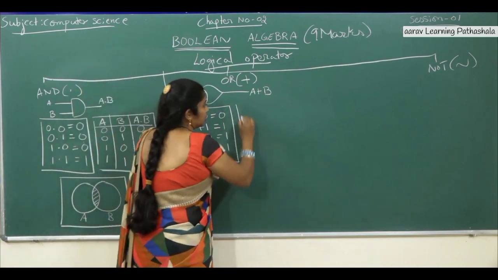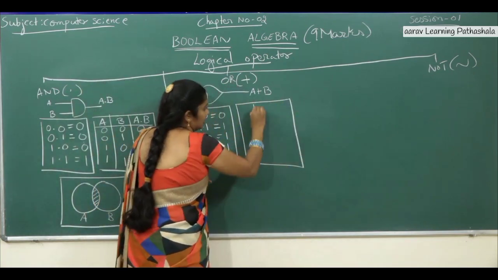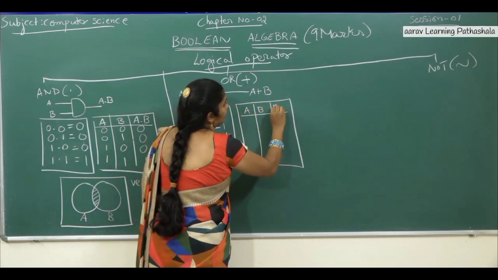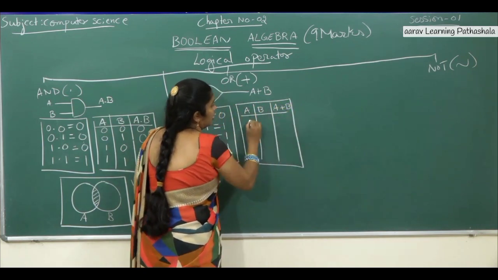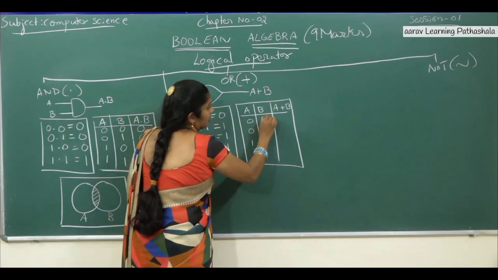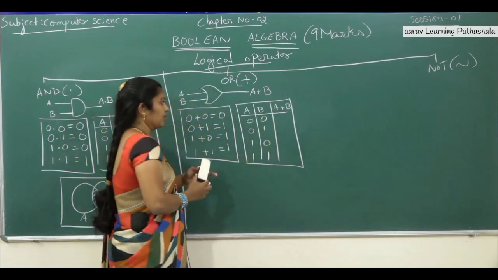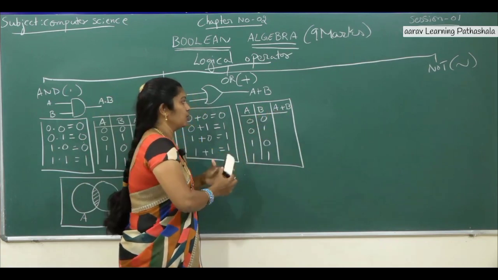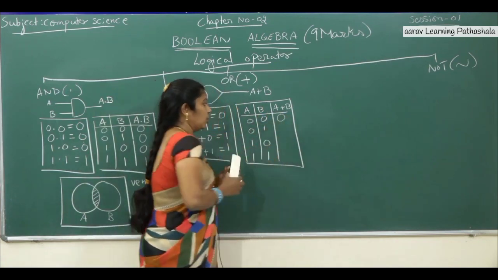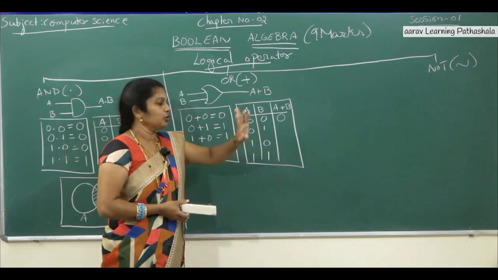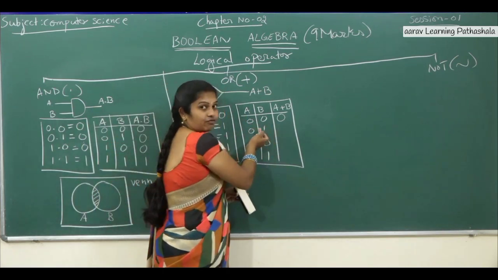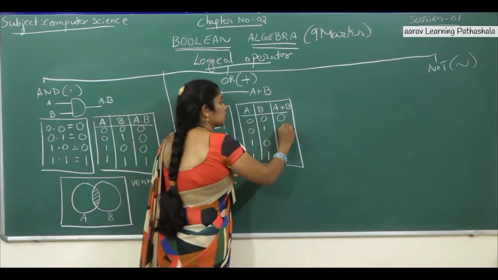Then, how to write the truth table for this one? Consider 2 variables A and B. The output becomes A plus B. 2 zeros, 2 ones: 0 1 0 1. The first part is 0, the second part is also 0, so the output becomes 0 here, because only if any one of the inputs is true does the output become true; otherwise it is false. 0 plus 1, here we have 1 true value, so the output is 1.